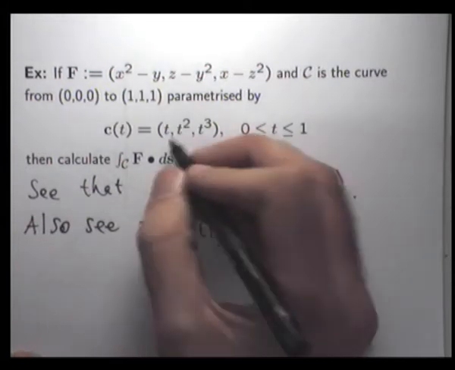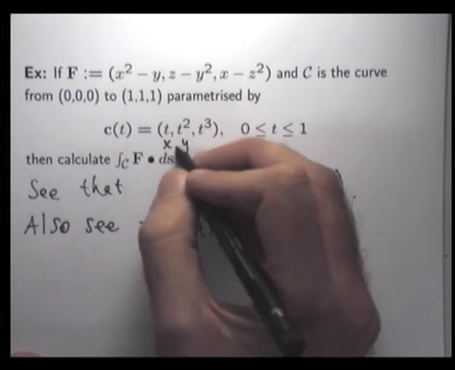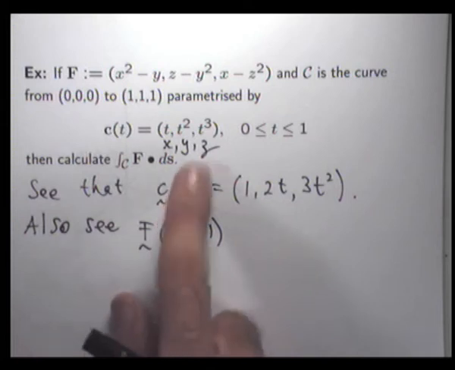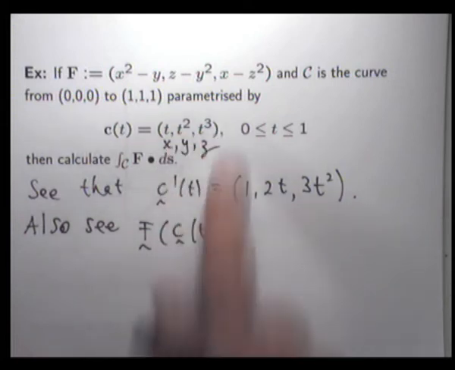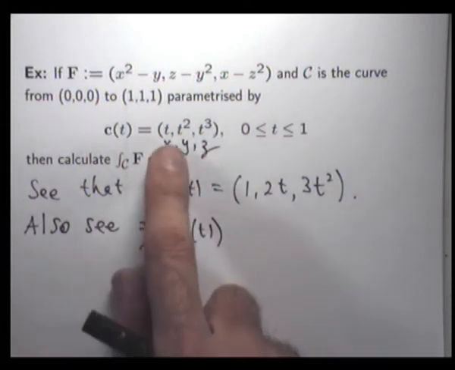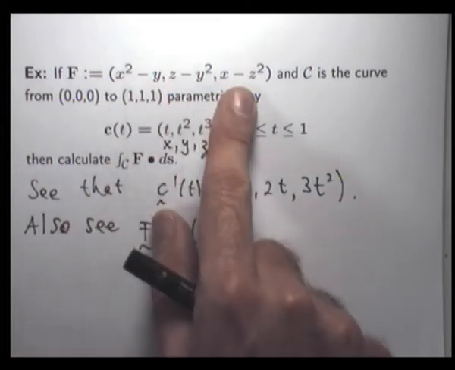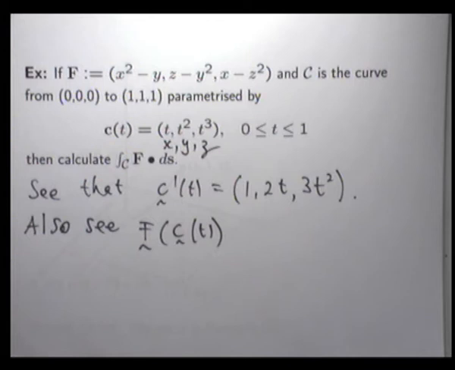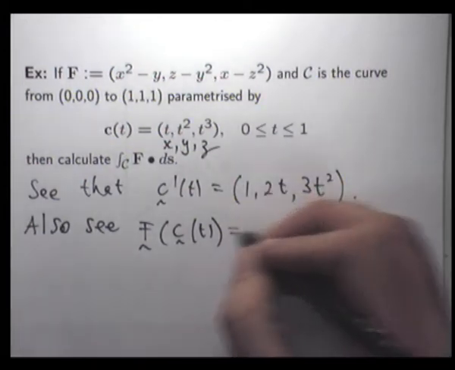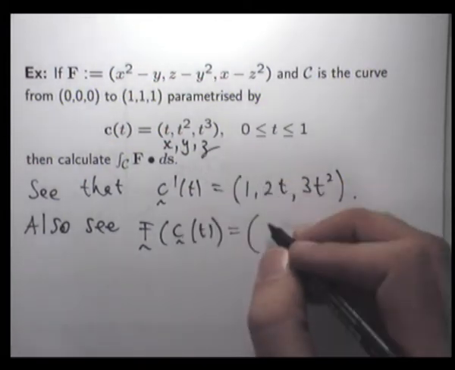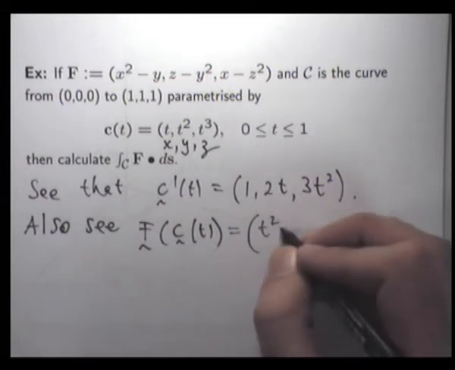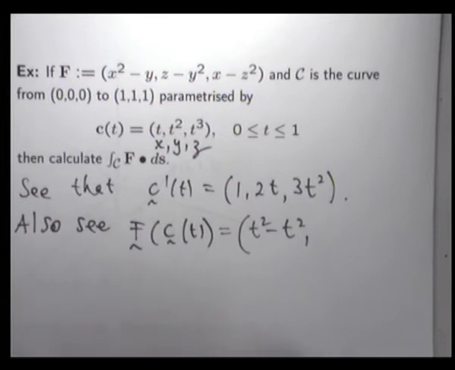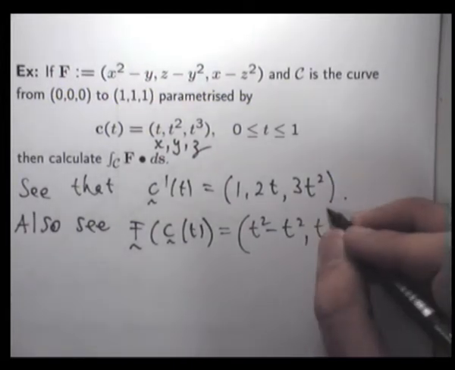Okay, so along our parameterization, x equals t, y equals t squared, z equals t cubed. So we take each of those components and substitute them in to f. Right, so we're going to get, what are we going to get? We're going to get t squared minus t squared. We're going to get t cubed minus t to the fourth.